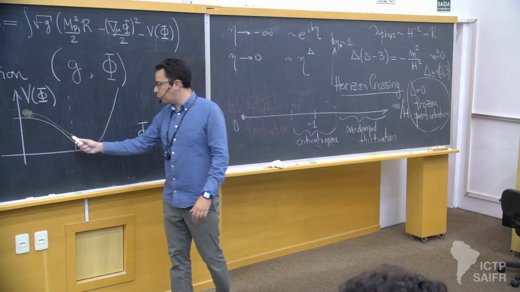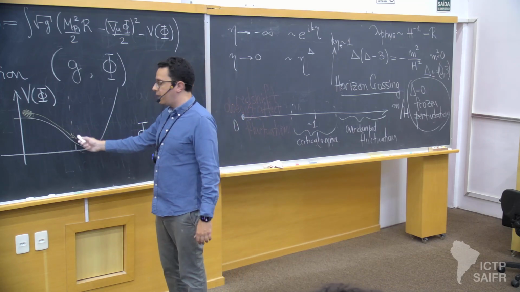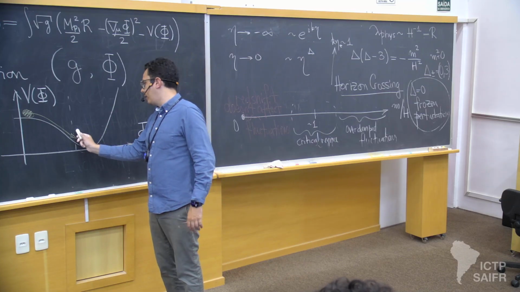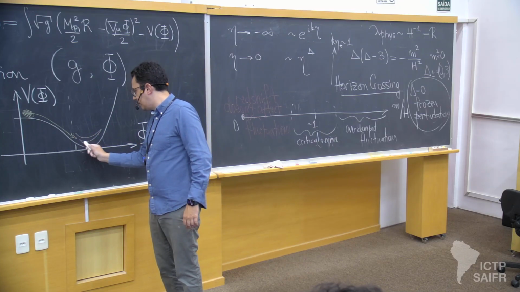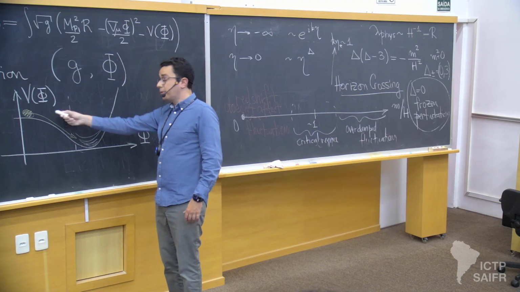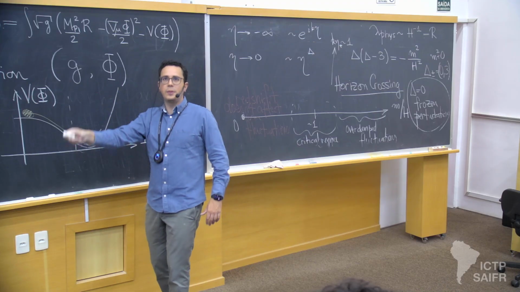And then you need to explain what happens with this field. And here we don't really have ways of testing this at the moment. But the typical story is that this field oscillates around the bottom, and it couples to the standard model, and it pumps its energy into the standard model, heats up the universe.